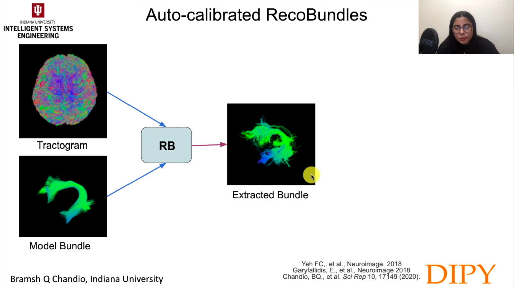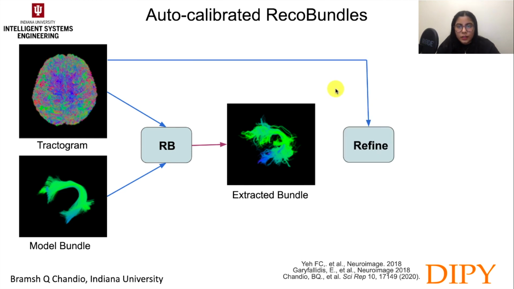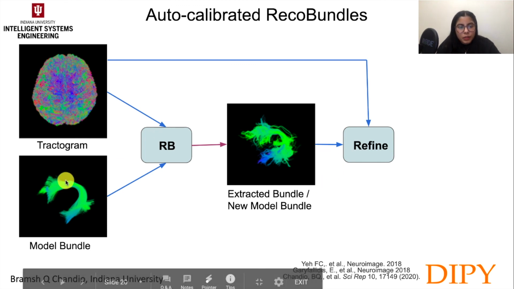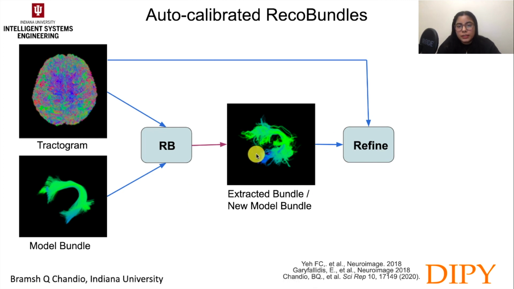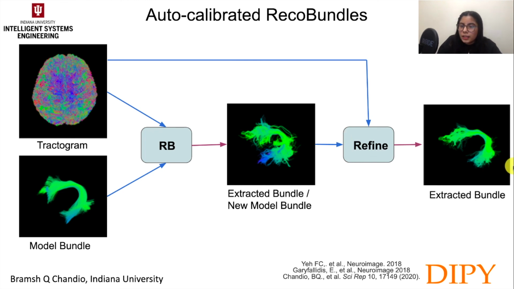After we have extracted this bundle, we do a refinement step where we give the input tractogram again, and now this extracted bundle becomes a new model bundle. Before, we had a model bundle coming from the atlas, but now the model bundle is one that is extracted from the data itself. This serves as a self-supervision step, and then we perform RecoBundles again with these new inputs. And this is the output that we get, which is very much refined, and it has an influence from the data itself.